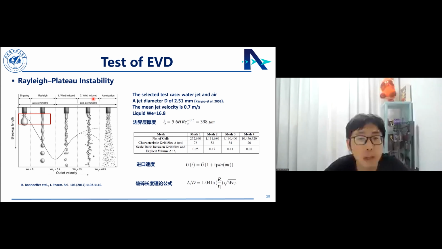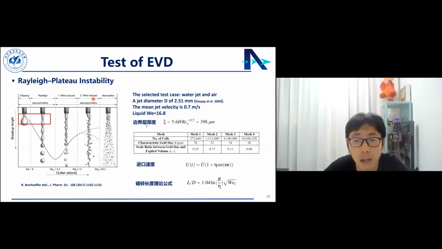This is the animation of our Rayleigh-Plateau breakup process. Sorry, the animation cannot be shown here. We see the breakup length is converged for the 4 grids, and the volume fraction is also converged for the 3rd grid and the 4th grid.